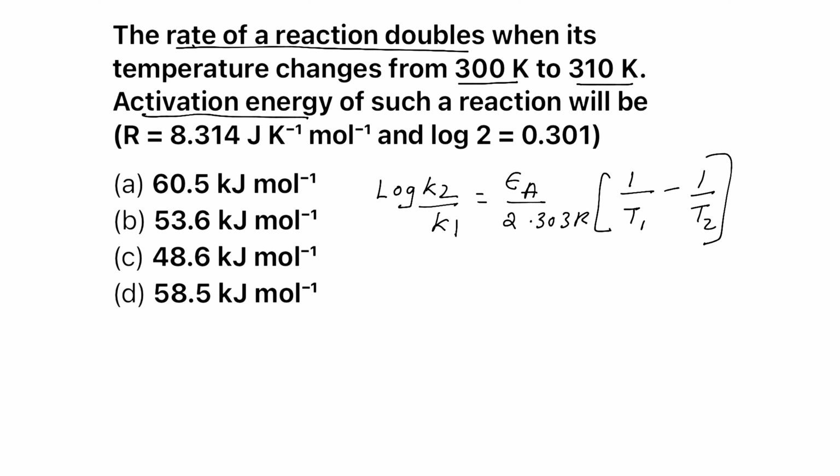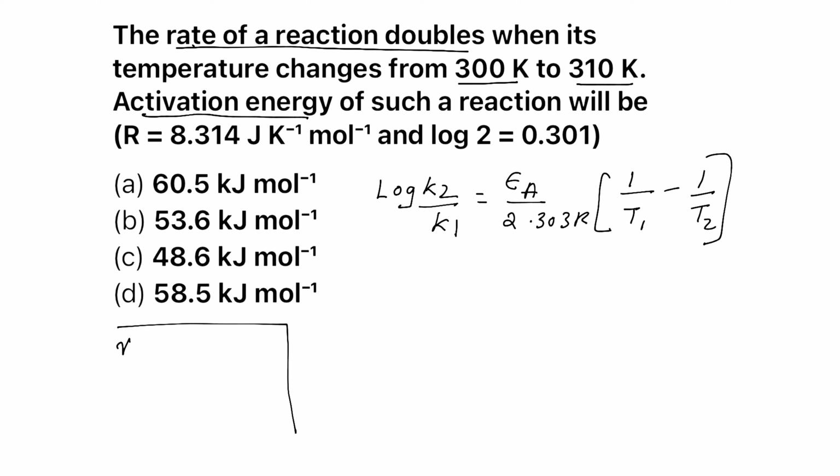Remember one important thing, okay? See, due to temperature change, if anything happens to the rate of reaction, the same change will happen to the rate constant also. Keep that point in mind. See, if we increase temperature or if we decrease temperature, then assume something is happening to the rate. The same change will happen to the rate constant also.